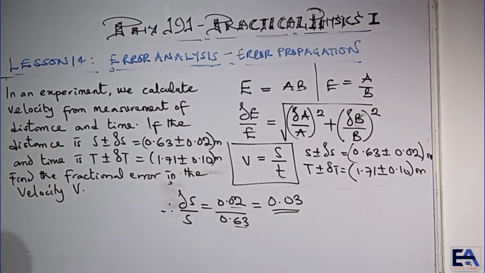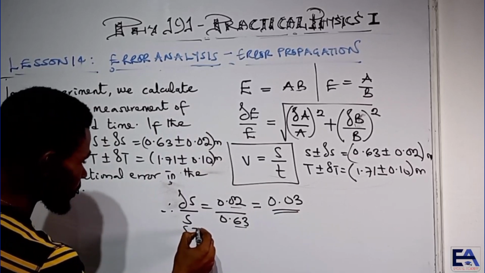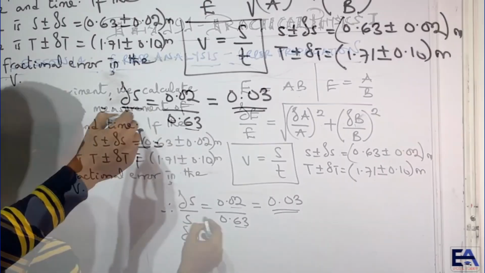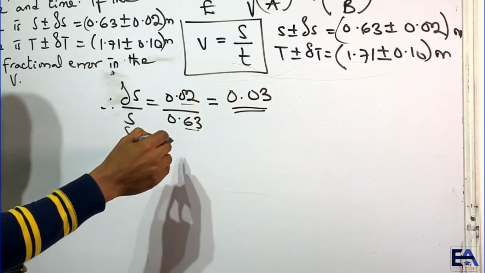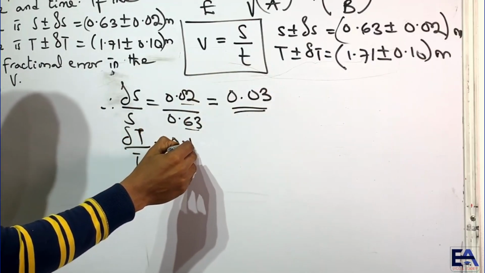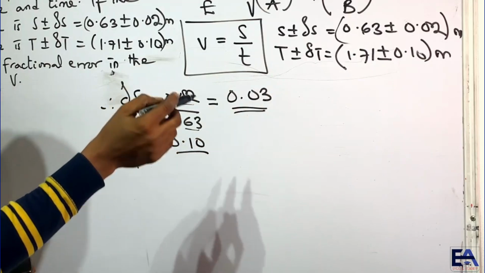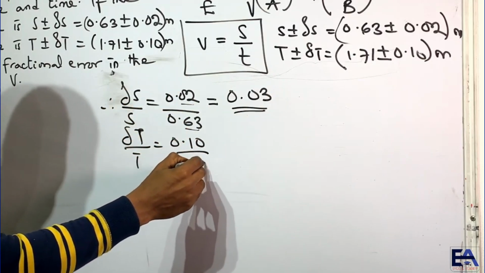Then we do the other one, delta T over T. That is 0.10 over T, and our T was 1.71.